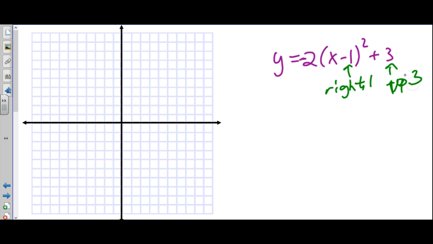Since it's positive, it's moving our graph up. a in front is negative 2. The negative tells us that we're opening down, and the 2 will tell us that we are getting narrower.